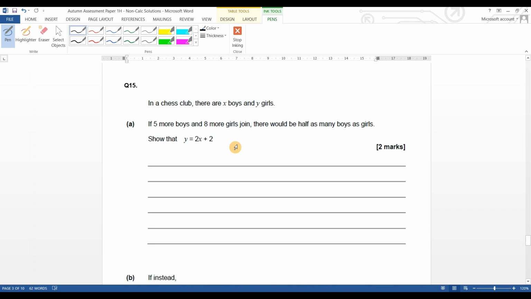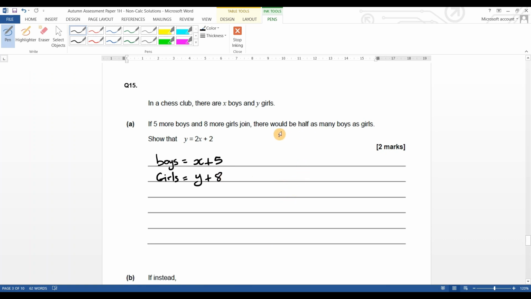Okay, so let's write what we know. So boys, we got x number of boys, and girls is equal to y. Okay, so if 5 more boys were added, so it's x plus 5, and 8 more girls were to join, so that's going to be y plus 8.